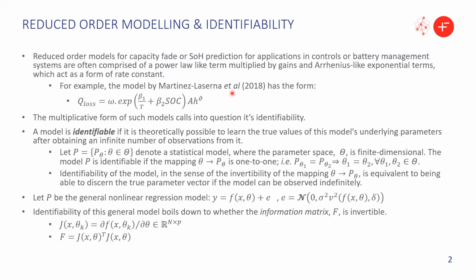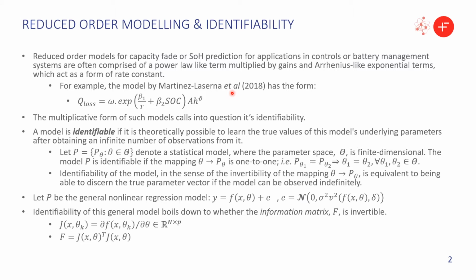So let P be a general nonlinear regression model, y equals f(x, theta) plus e, where e is a random error term, and we will allow the form of the Gaussian errors to be quite flexible in terms of their covariance function, and we allow for heteroscedastic and serially correlated terms.